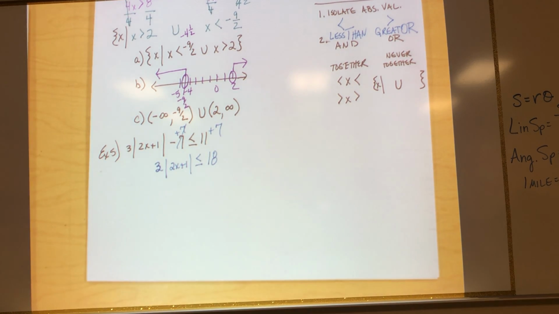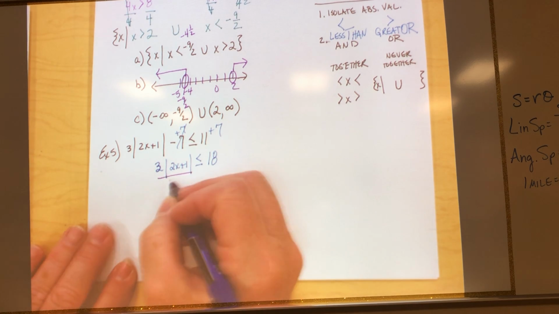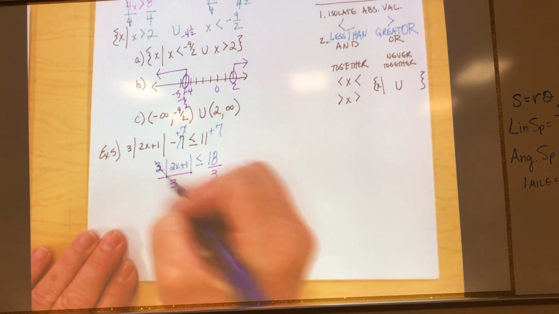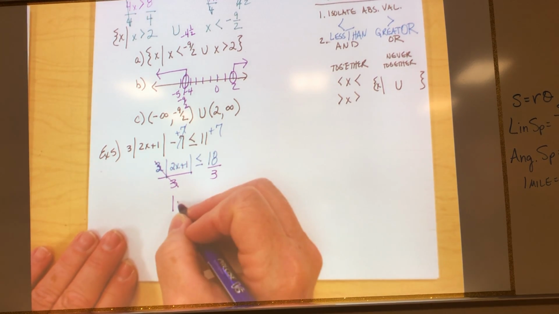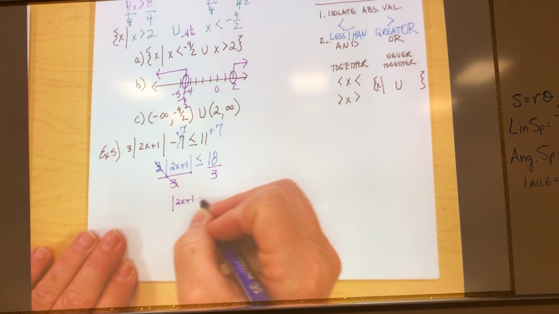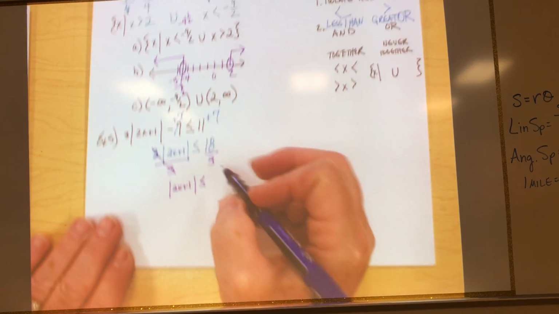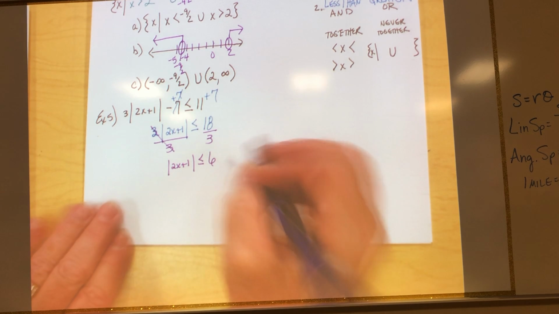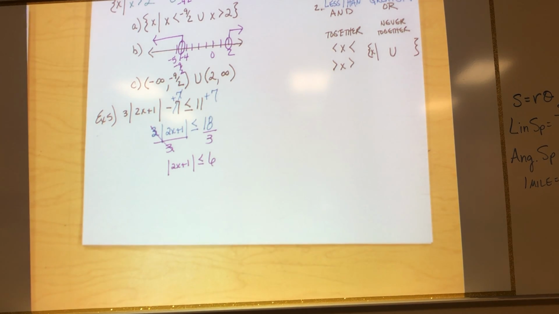Okay, now what do I do? Divide by 3. Now 3's cancel out, and I have the absolute value of 2x plus 1, less than or equal to what? 6. Okay, now can I say what it is?